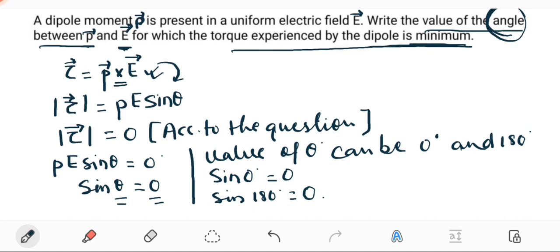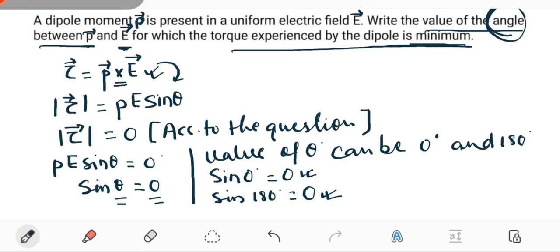Therefore, for the minimum torque experienced by the dipole kept in a uniform electric field, the angle between P and E should be either 0 or 180 degree. So this is how you will be writing the answer in the board exam.